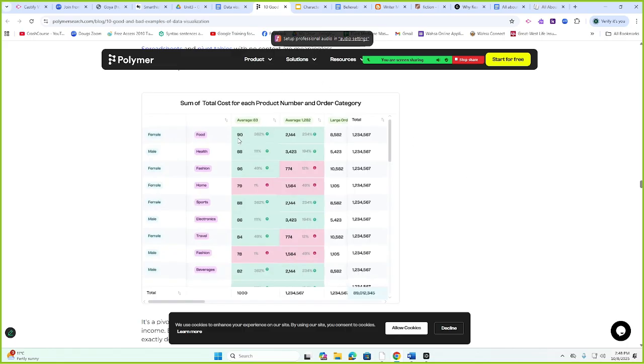Okay, so it's hard to discern what this table is actually telling us. There's a bunch of information here, but what are we comparing it to?